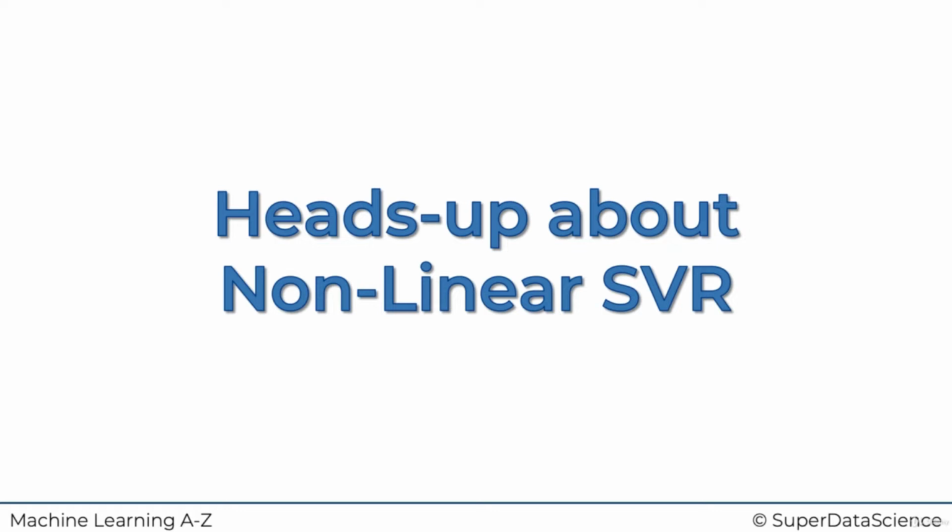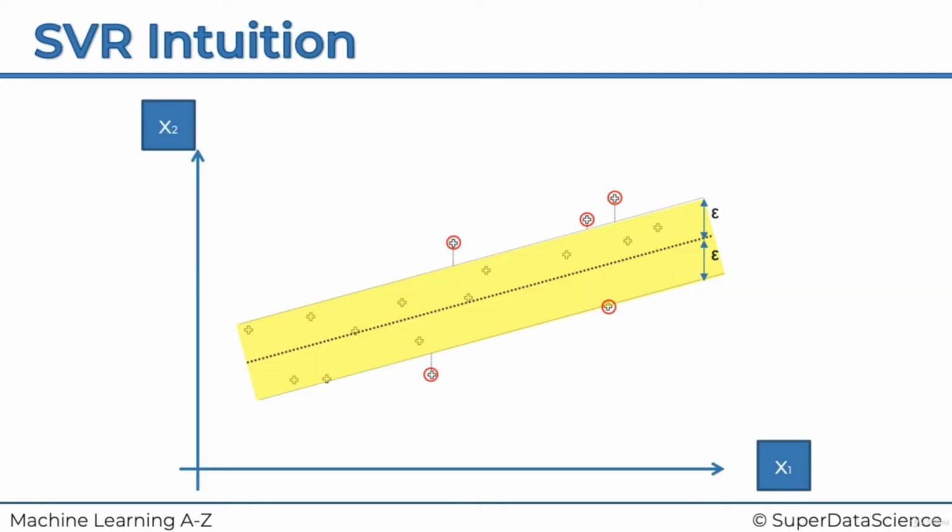Welcome back to your machine learning A to Z course. In this tutorial, I'd like to give you a quick heads up about the non-linear support vector regression. What we discussed previously was intuition for SVR indeed, but this was intuition of the linear support vector regression model. And while it's a great start into the world of SVR, it is just a start. There is so much more to support vector regression.